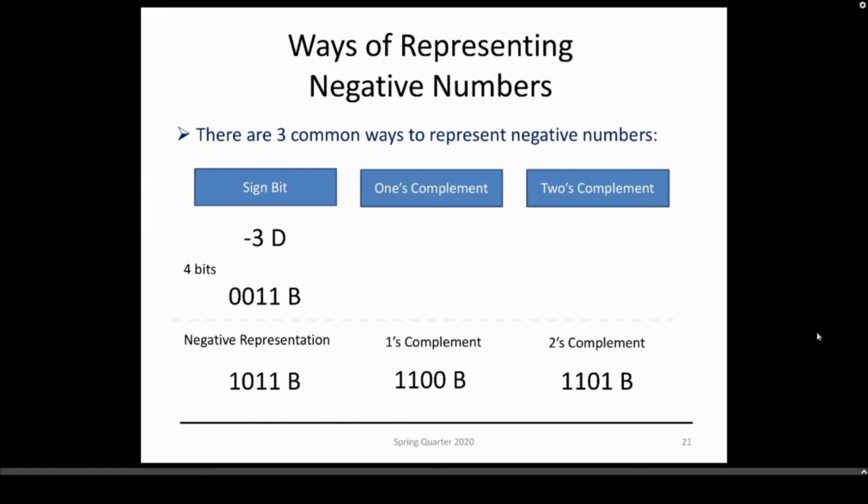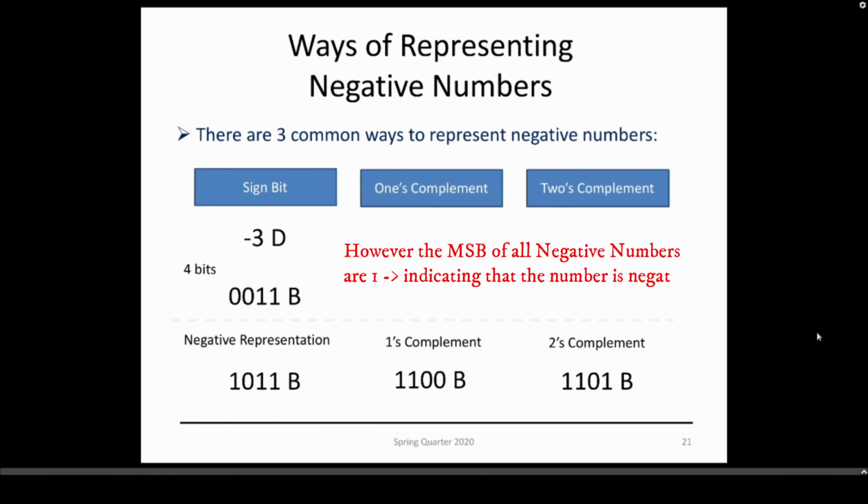But what is important to grasp from here is notice that each number here is different if I'm using a different way of representing that negative number. So I need to tell you how I am representing negative numbers. Otherwise, you don't know how to apply operations so you can get the right values.